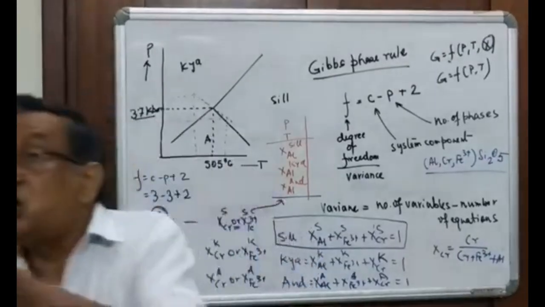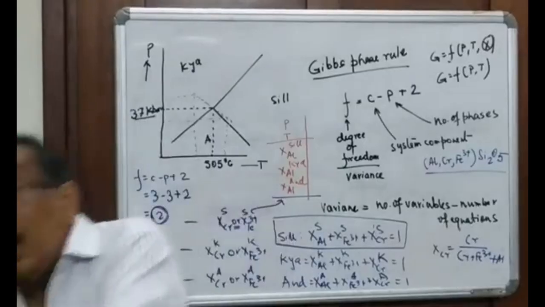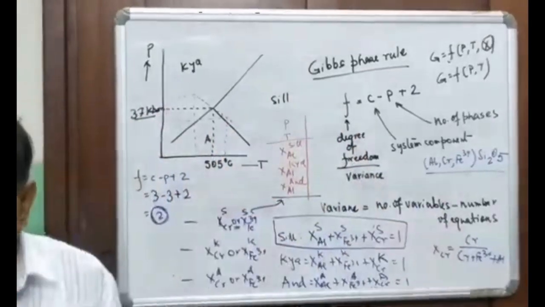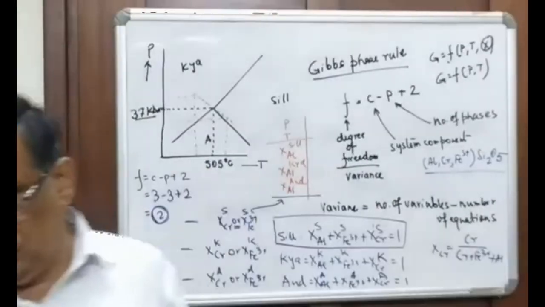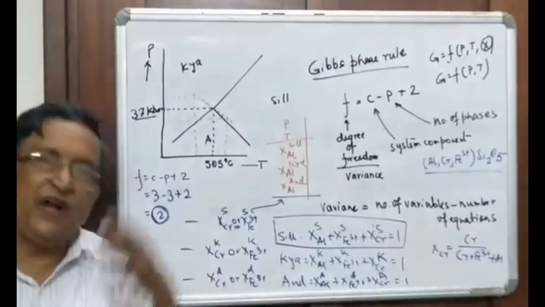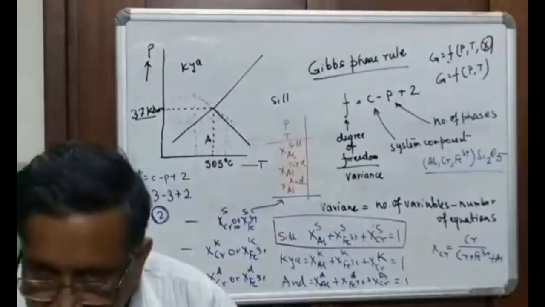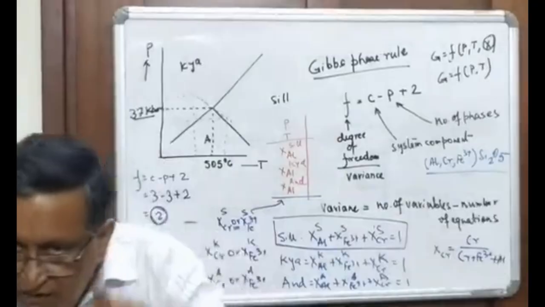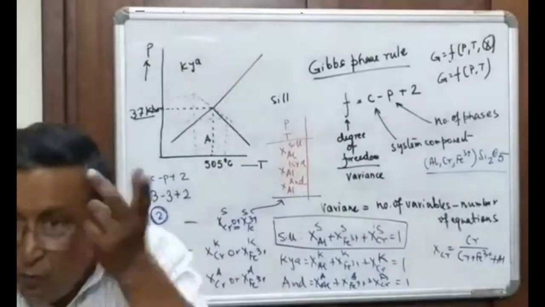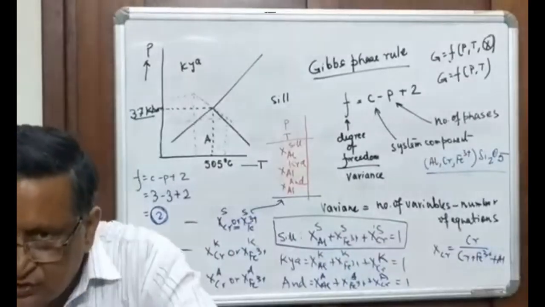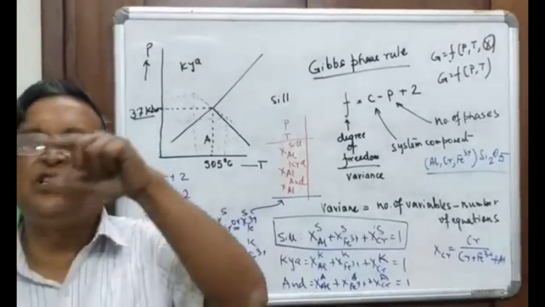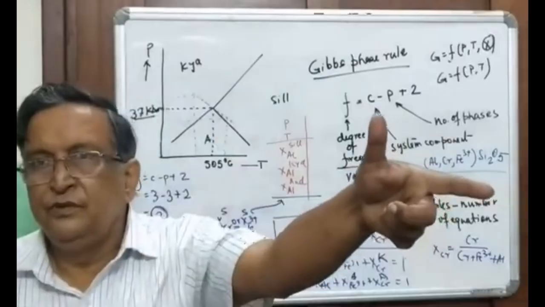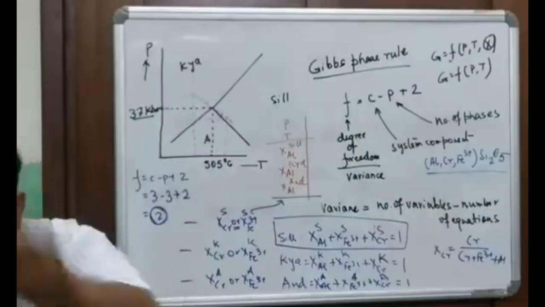Gibbs rule does not tell you which variables can be constrained. Those are constrained internally by the system. How will they be constrained? They will be constrained via equations. What are these equations? These equations are reactions. We will talk about them later.